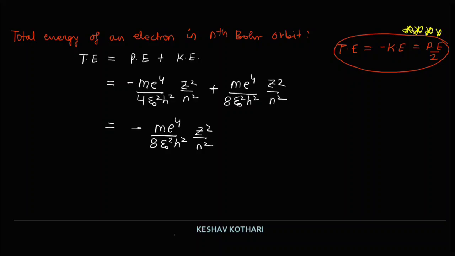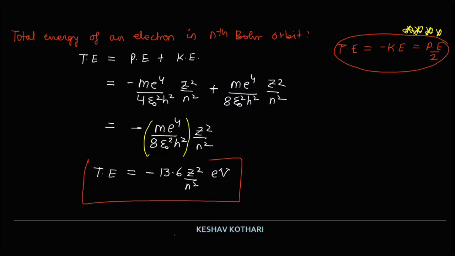If I look at the expression for the total energy, these parameters are constant, and if we evaluate these parameters, then the total energy value turns out to be minus 13.6 z square by n square in electron volt. So this is going to be the total energy equation for the electron in the nth Bohr orbit.